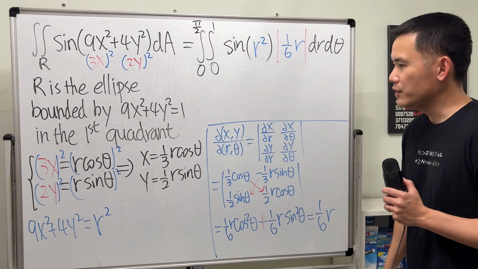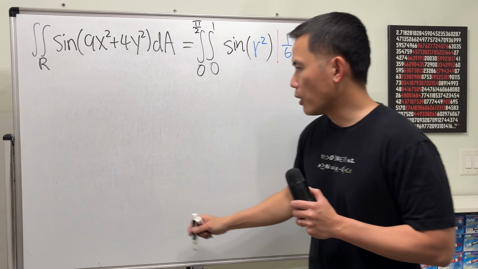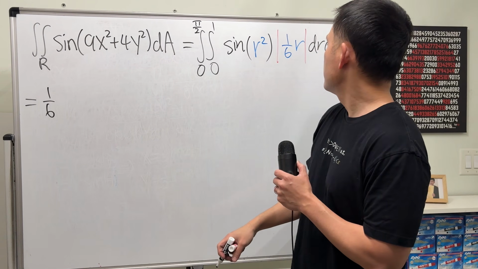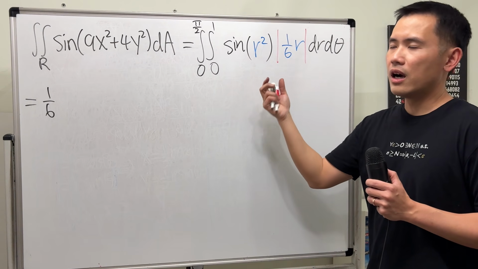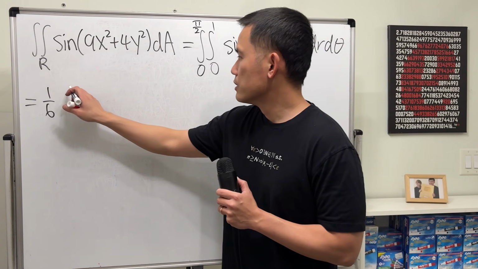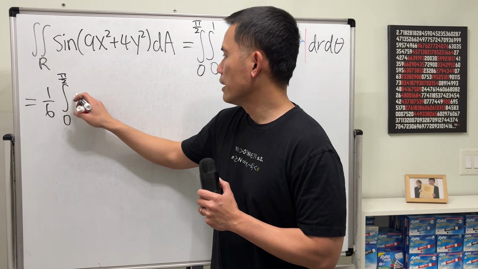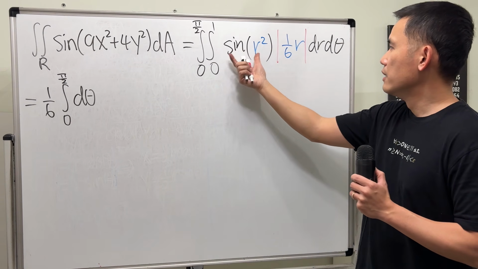Now let's just go ahead and finish that. So we have 1 over 6, it's just a constant multiple. Let's put that all the way to the front. And we can separate the integrals because the inside here is just with r, and then I will multiply with the integral with the theta. So look at the integral from 0 to pi over 2, and we have d theta, because there's no theta in the function here.